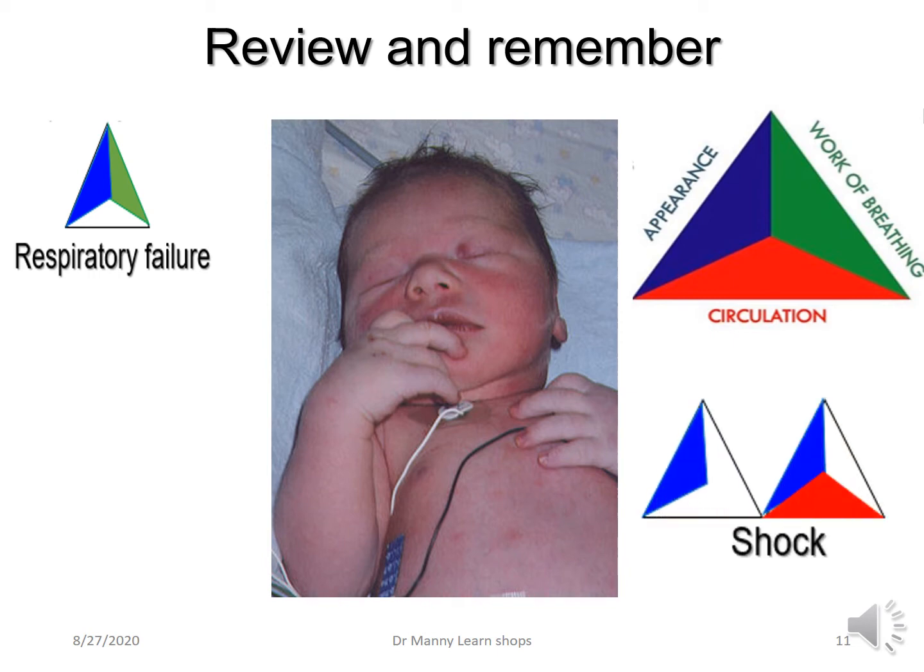Could be in shock, circulation grey, possible mottling. Doesn't look well. And if it doesn't look well, then it's probably unstable, which could be leading to a situation which involves cardiopulmonary failure.